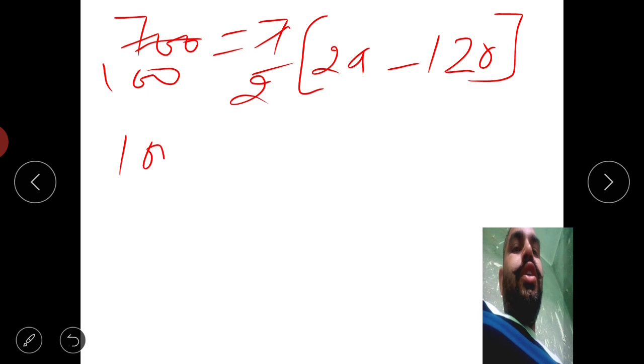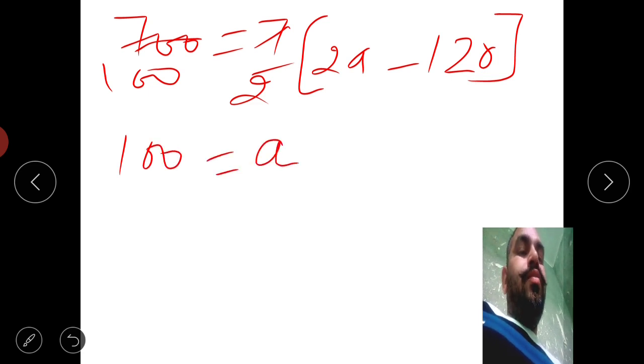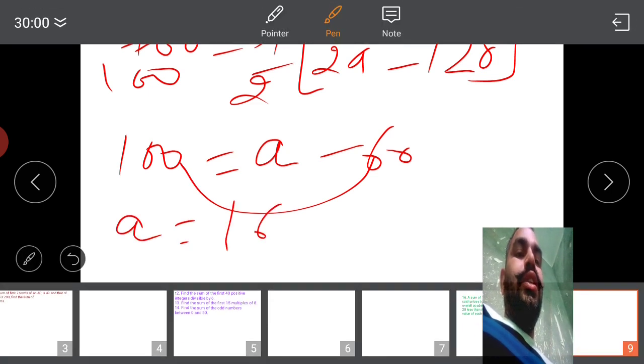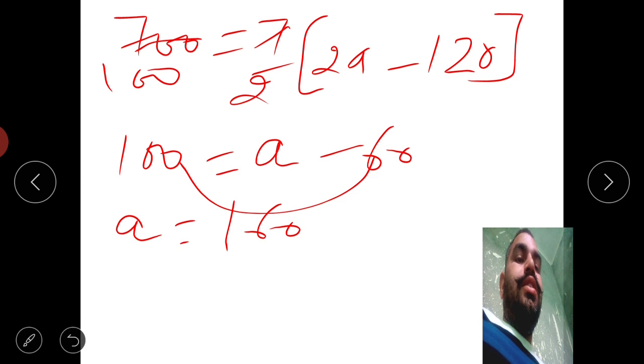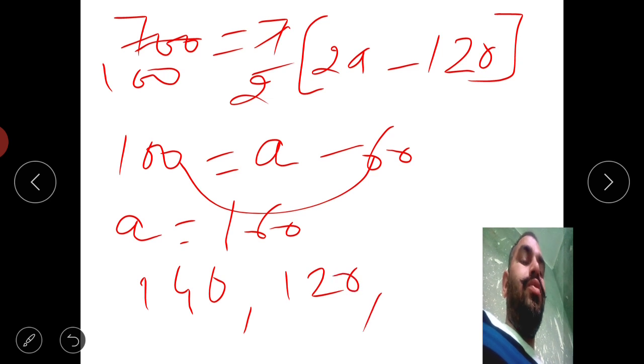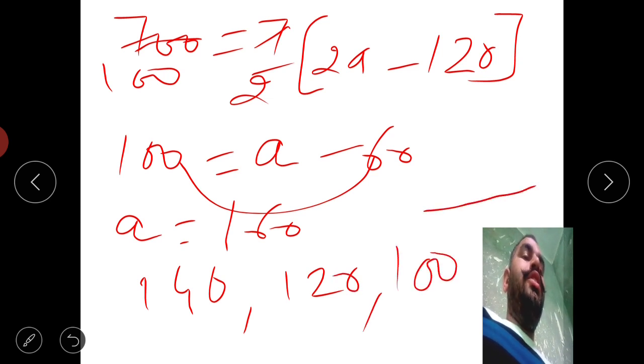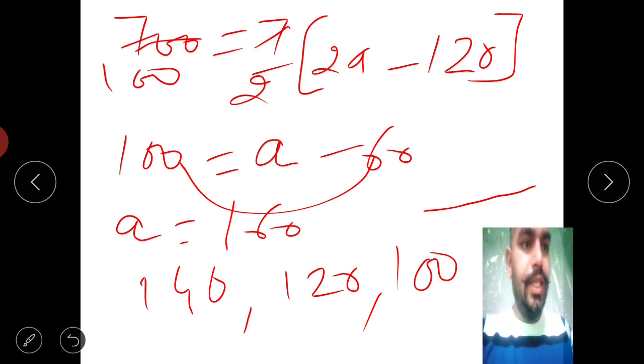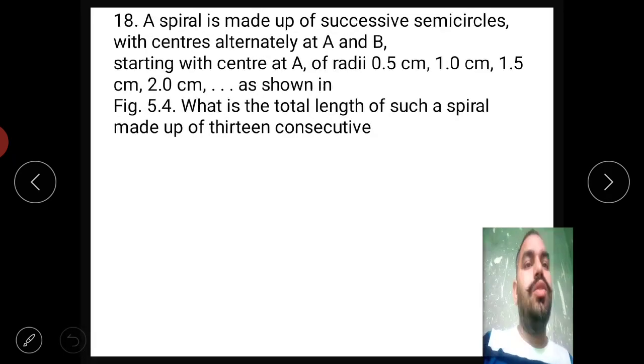So 100 is equal to a minus 60. I transpose this, so a is equal to 160, and the second is subtract 20. So 140, subtract 20, 120, subtract 20, 100, and so on. Got it or not? Yes. We can go for the next question.